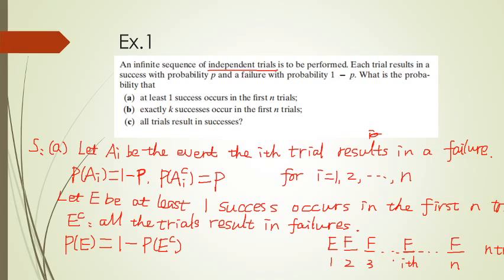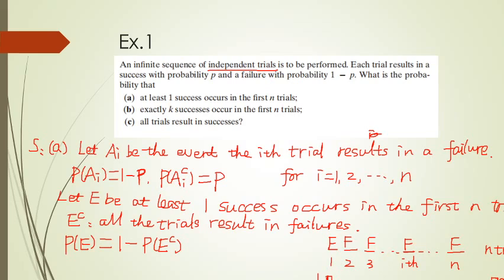So what is the probability? Let's check the probability for each trial. In the first trial, what is the probability to get a failure? 1 minus p, right? So we said they are independent trials.